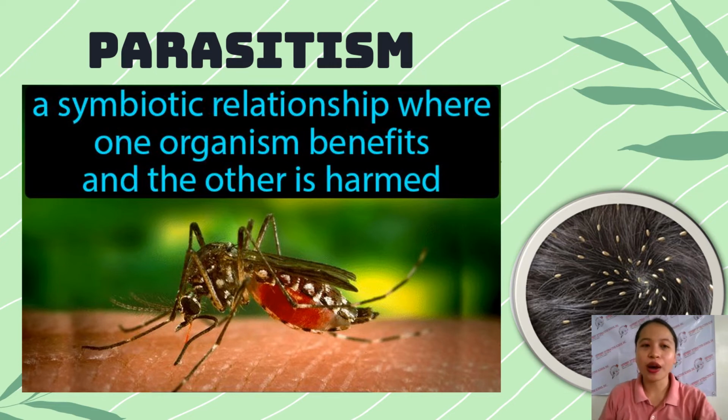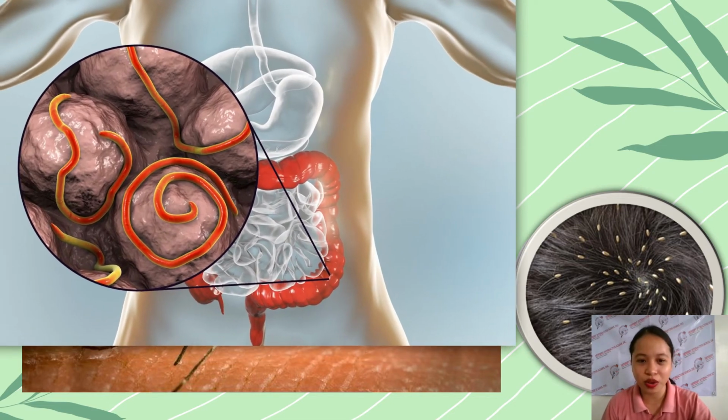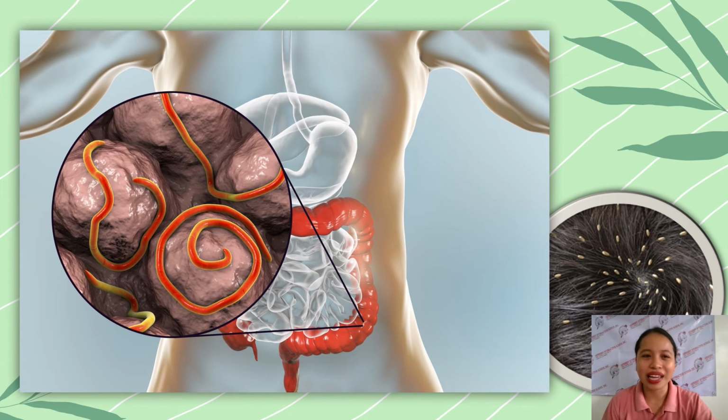Okay, another example is the mosquito on the skin. The mosquito gets the benefit and we get harmed. We can get dengue. Another one is this one, in Bisaya that's bitok, or intestinal worms. Here, a person with intestinal worms may also experience dysentery.